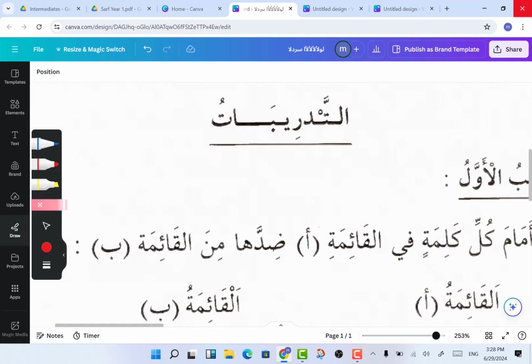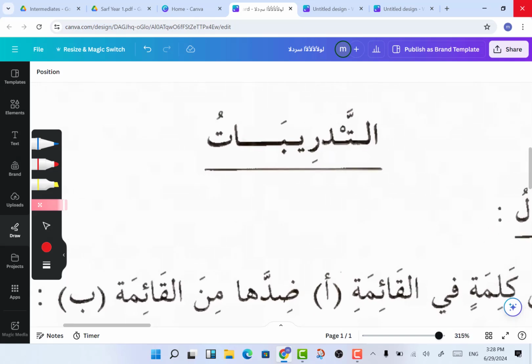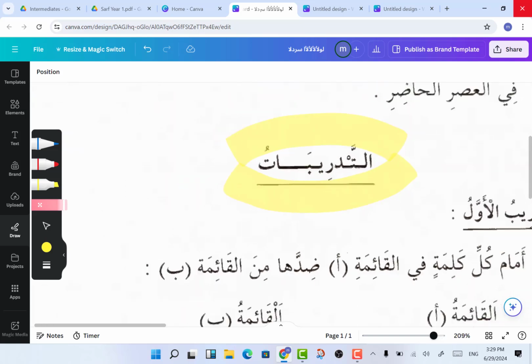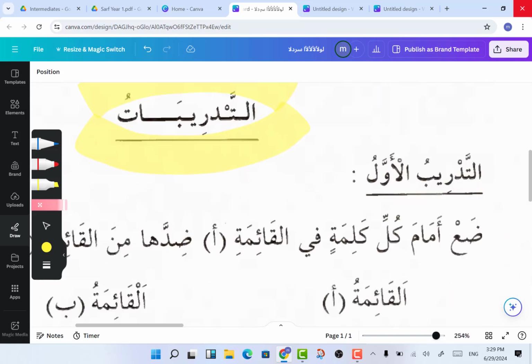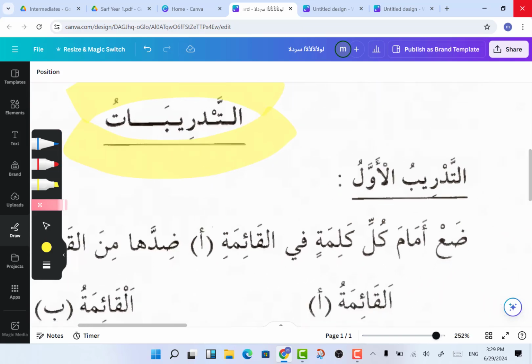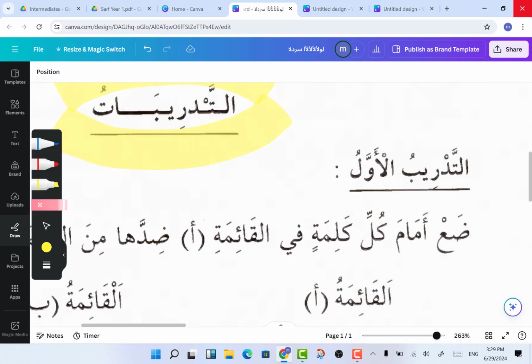For this week, as we are aware, we are having at-tadribat. And at-tadribat, as you know, is just to test us based on what you have learned in the previous week.